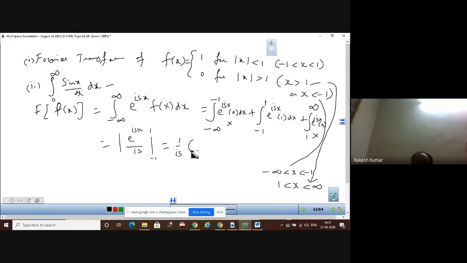1 upon iota s can be written here. So e raised to power iota s minus e raised to power minus iota s. Now, if you remember, you will make some arrangements over here.